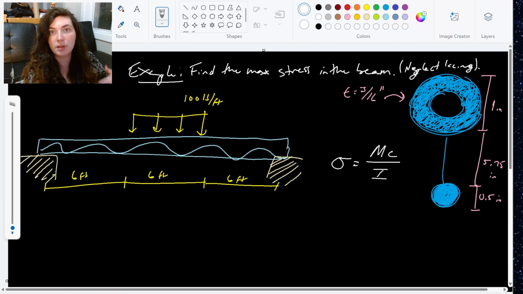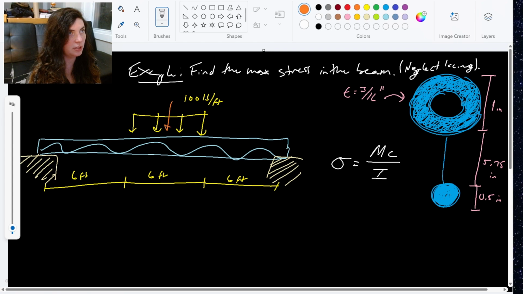So luckily from the last problem, we know that when we have something that is completely symmetrical like this, our reactions on both ends are going to be the same. So I can simplify the distributed load to be 600 pounds, right? 6 times 100, which means that each of these reactions is going to be 300 pounds.